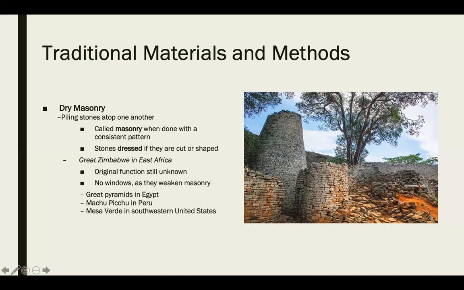So these are just big giant columns here with no light coming in except for maybe the top a little bit. More early examples of this type of architecture that's using dry masonry are the Great Pyramids in Egypt, Machu Picchu in Peru, and then Mesa Verde in the southwestern United States. All are using this very early dry masonry technique.